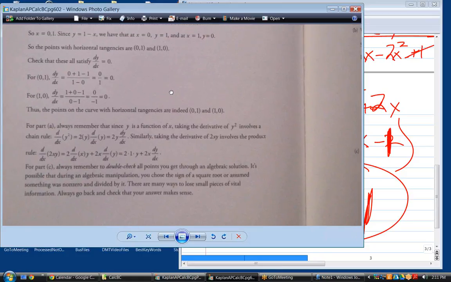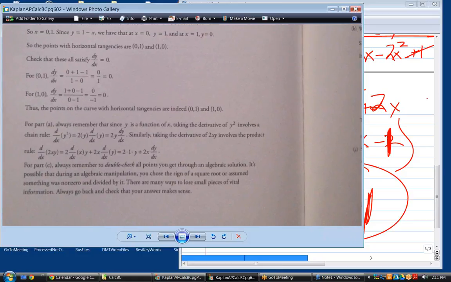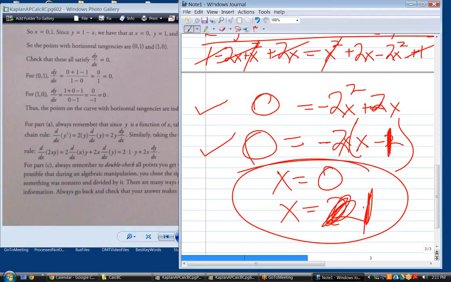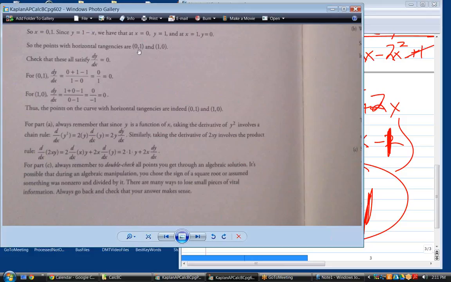What happened? In other words, we solved for the two values for x where we would have horizontal tangents. And that's 0 and 1. And all they're doing is coming up with not just the x coordinates, but the x and the y coordinates. In other words, they came up with 0, 1 as the first coordinate.